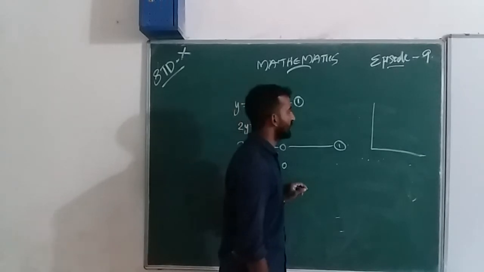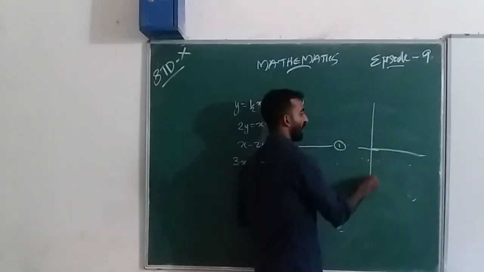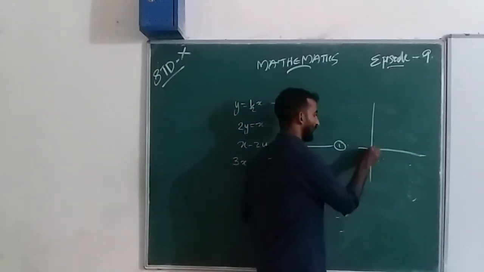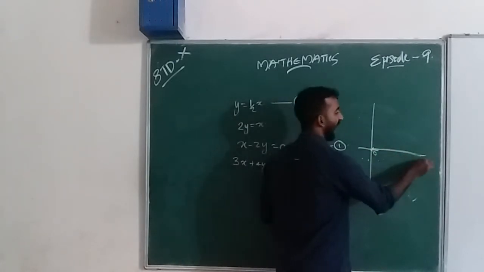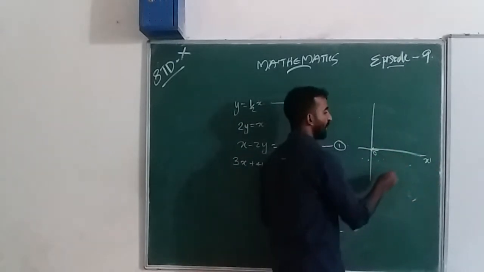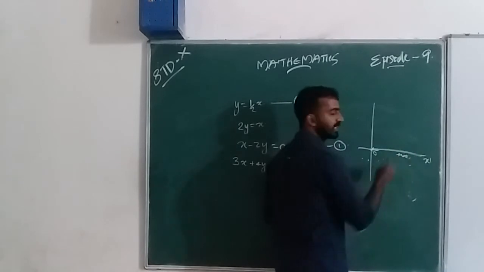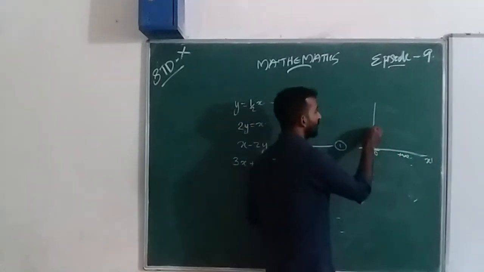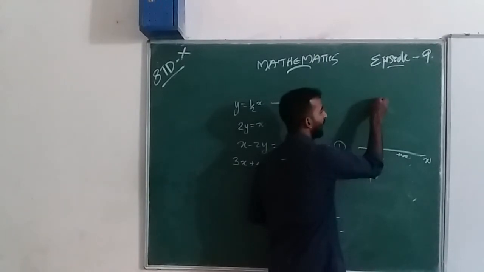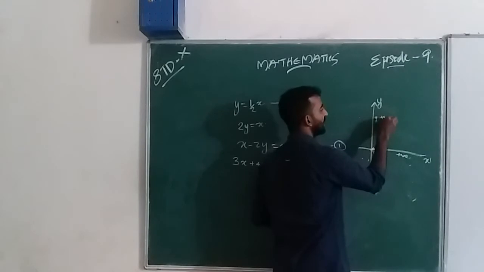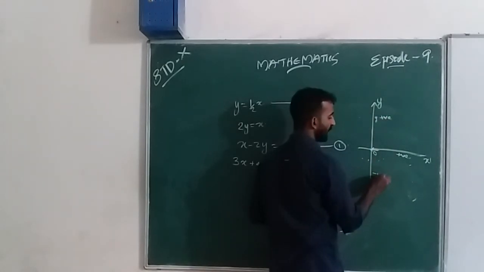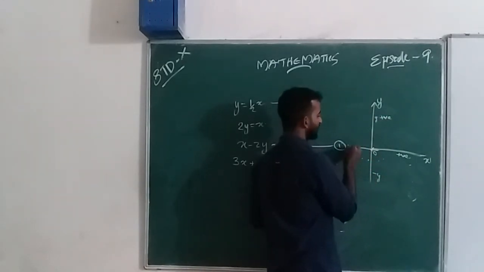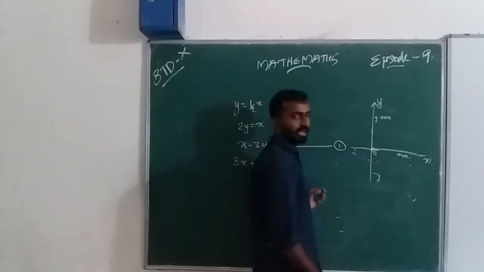The graph has four axes. Here is the 0, this is the x axis. Here we write the positive x coordinate, here the y axis and the positive y coordinate, and here is the negative y coordinate, and here the negative x axis coordinate.